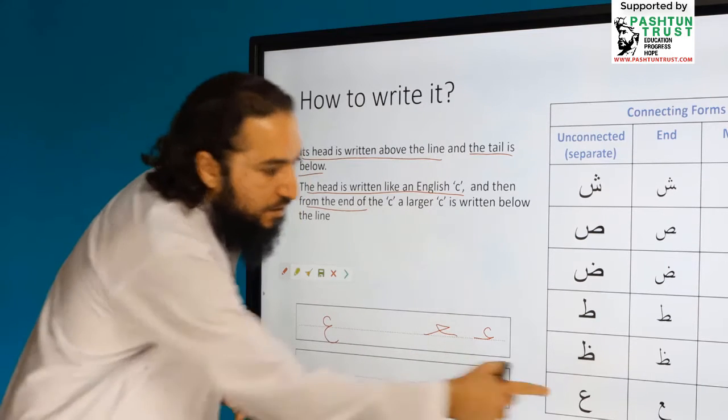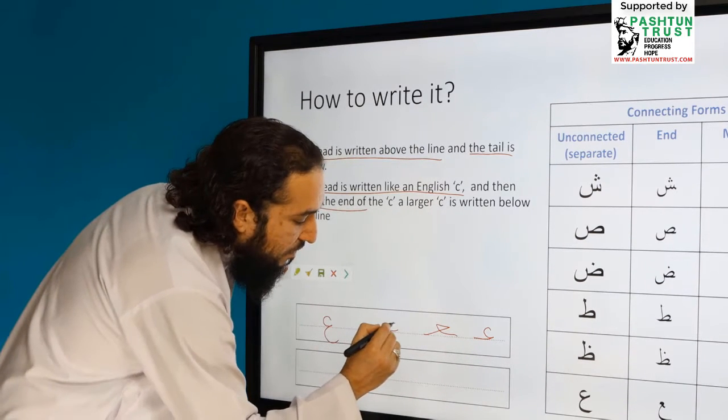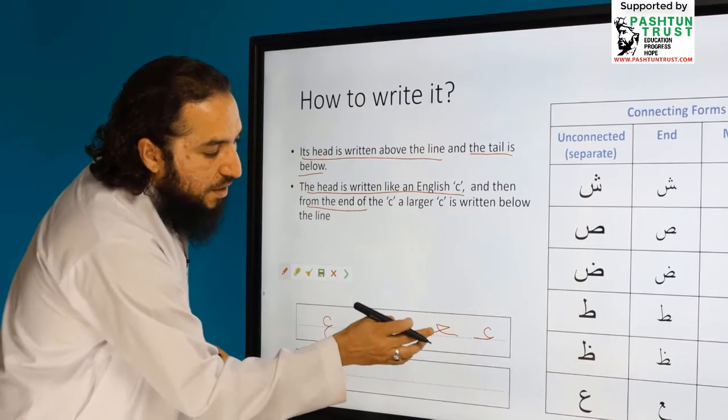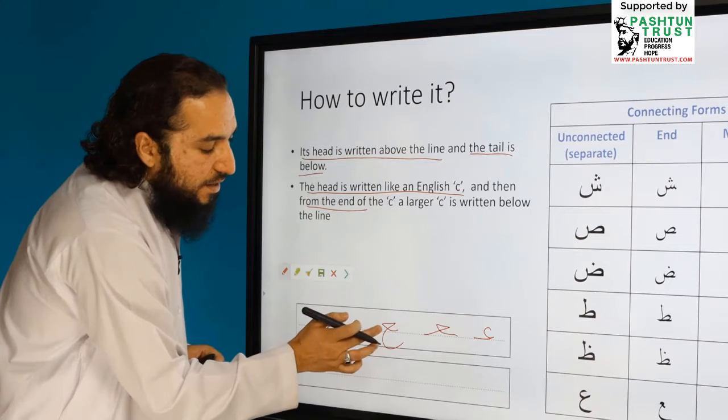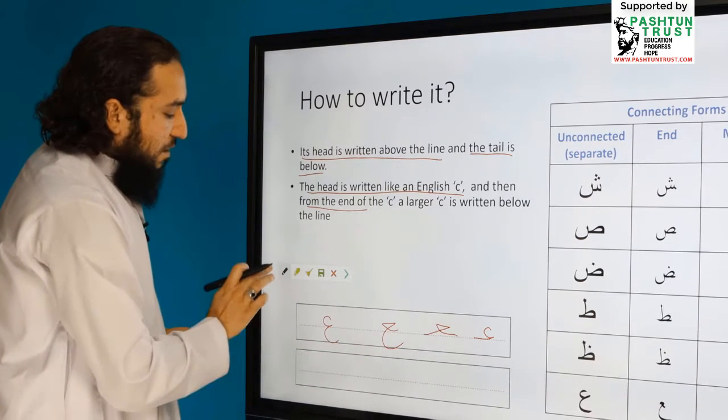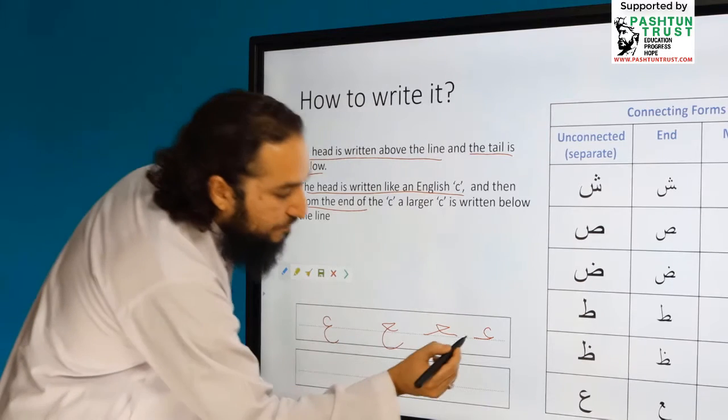And at the end it should look like this. So in the beginning it stays on the line, in the middle it stays on the line, and at the end the top part stays on the line and the bottom under the line, and you can connect them.